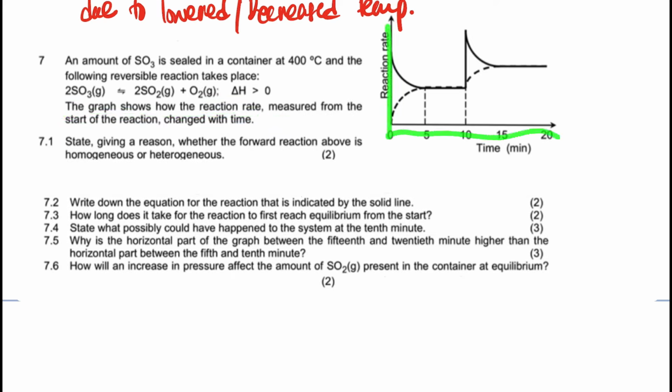So we have this reaction rate graph here. There's a disturbance at 10 minutes. It says state and give reason whether the forward reaction above is homogeneous or heterogeneous.